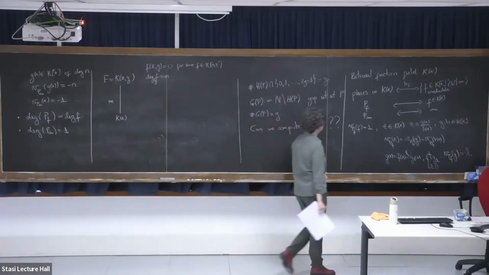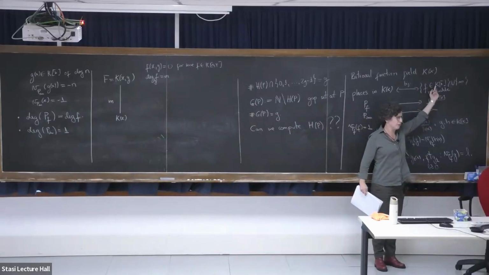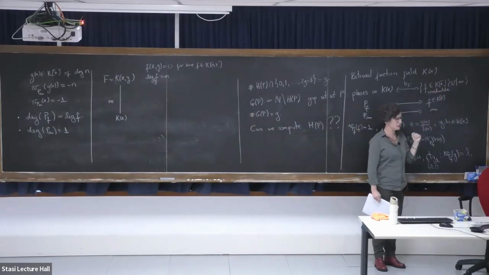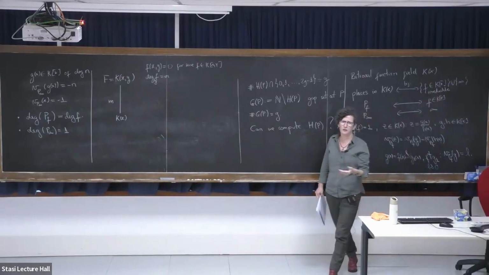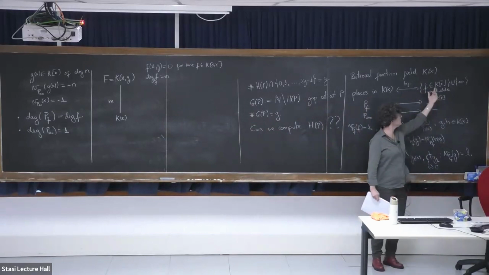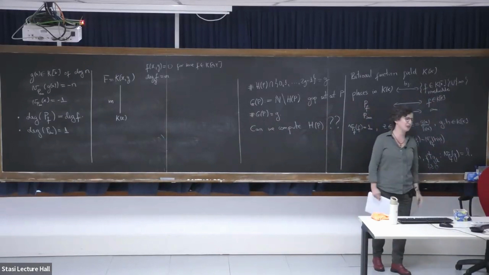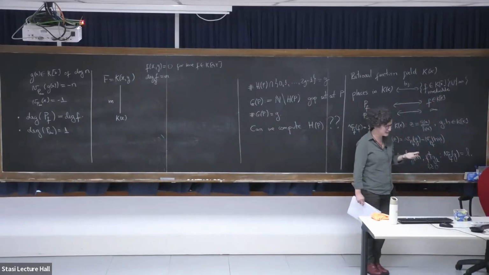Just to solve, for example, if you have an algebraically closed field, then we know that this field is infinite, so you have an infinite number of places. But for example, if K is a finite field of order Q, how many places of degree 1 do we have?